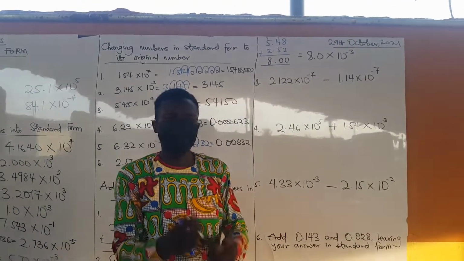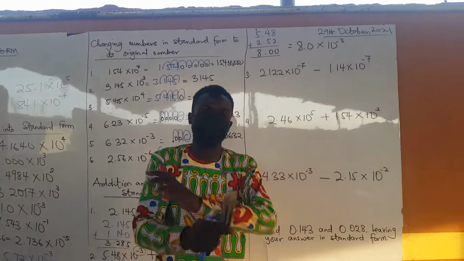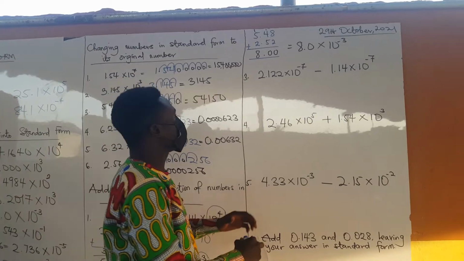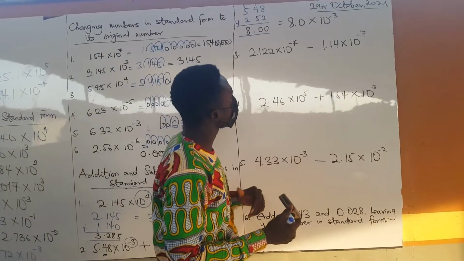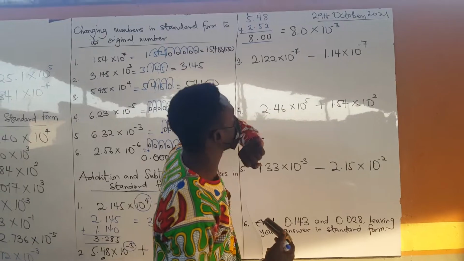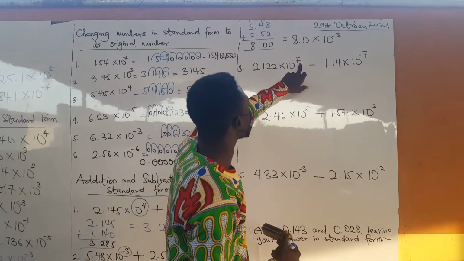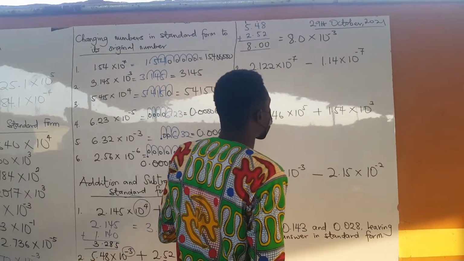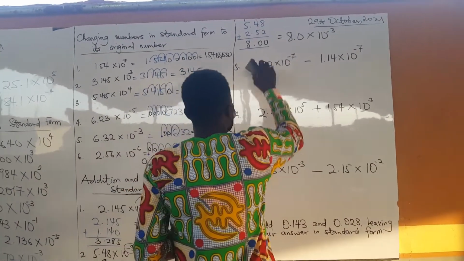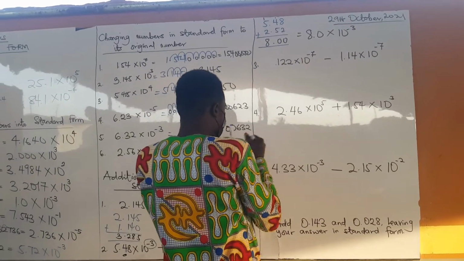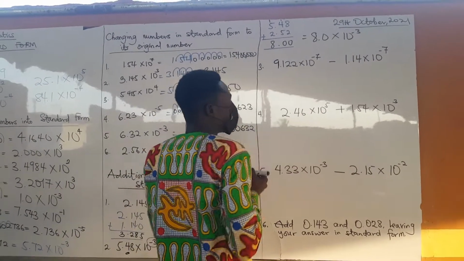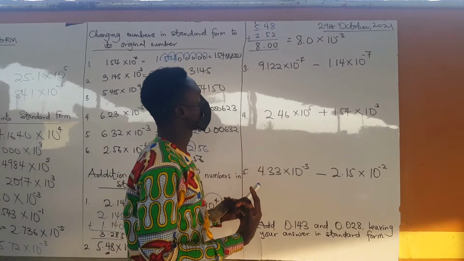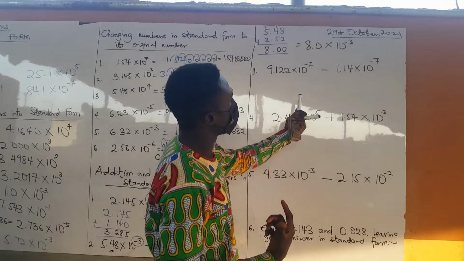One may ask, what will you do if the powers are not the same? Just like the remaining questions. With number 7, the powers are the same here: negative 7, negative 7. The powers of 10 are the same. So let's say here we have 9.122 minus this.